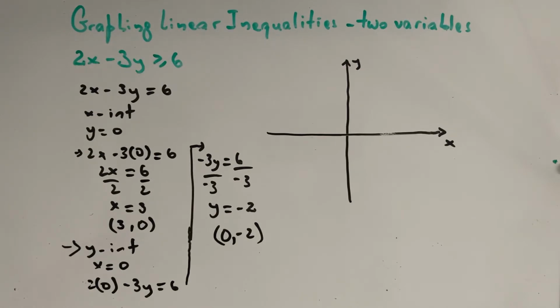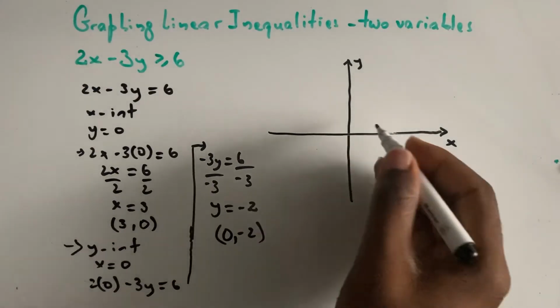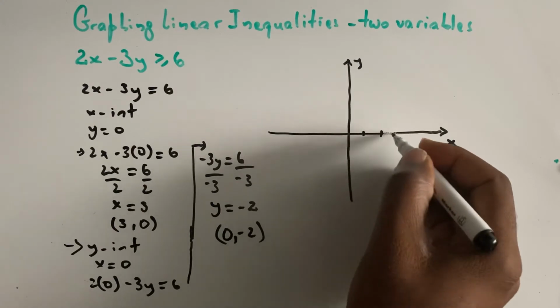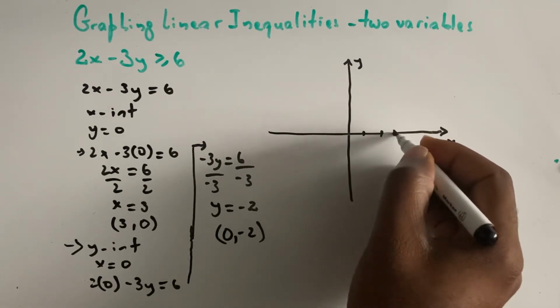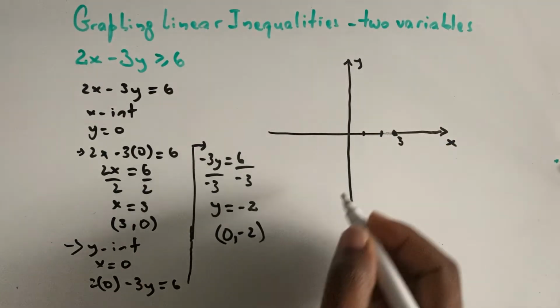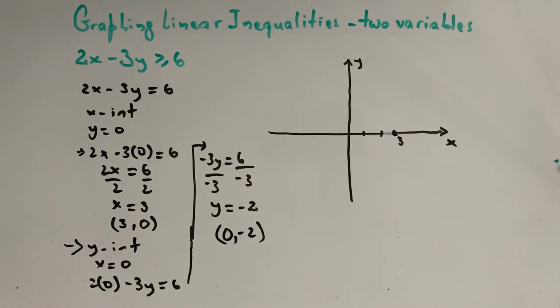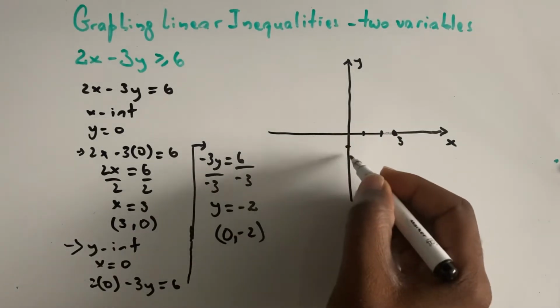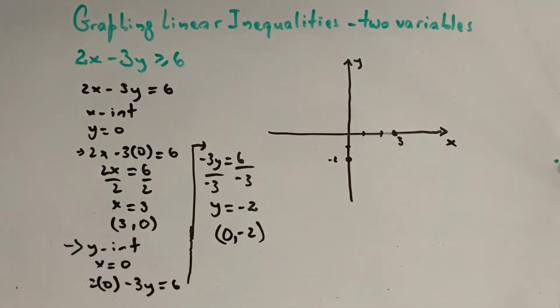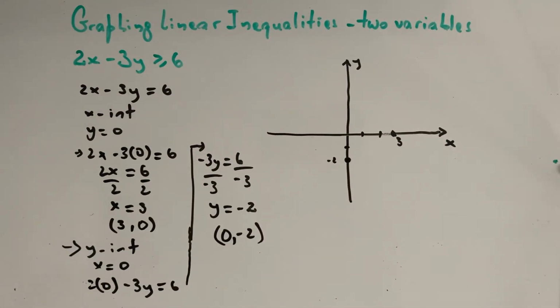So then we can graph. I'm going to draw a line through 3, 0. I'll put 1, 2, 3. This is the x value, so I'll put 3 here. And 0, negative 2. Negative 2 is right here for the y value, so I'll put the point here. Then all I have to do is join the points and draw a line through them.